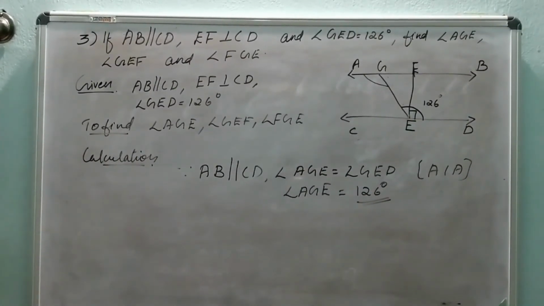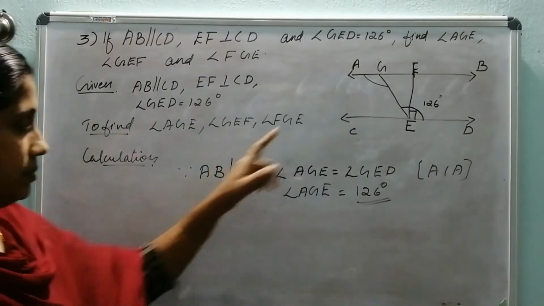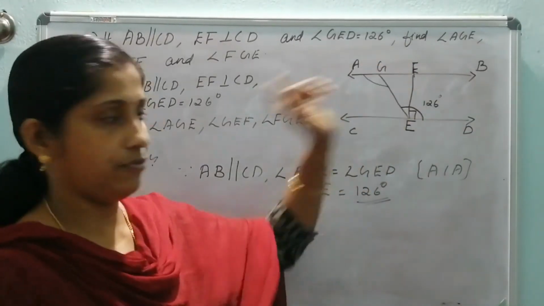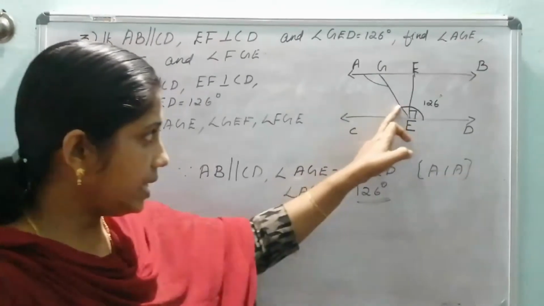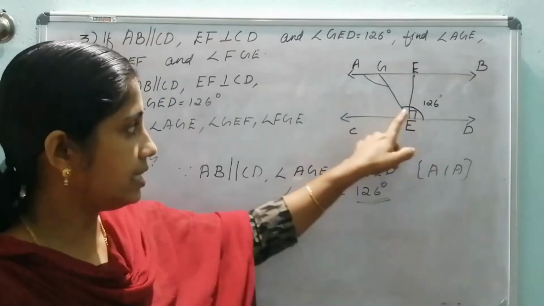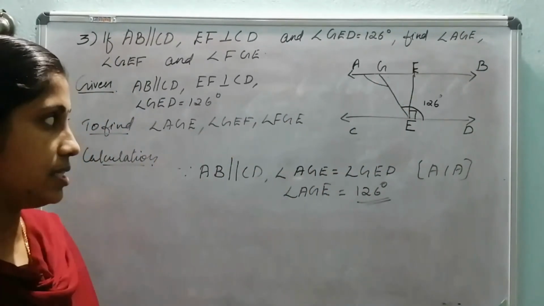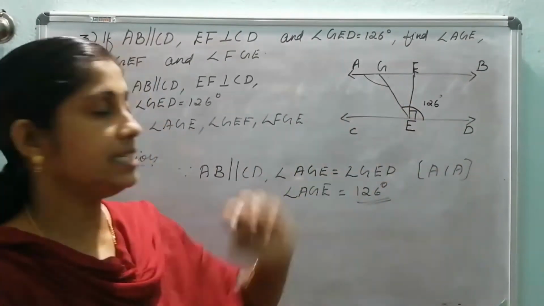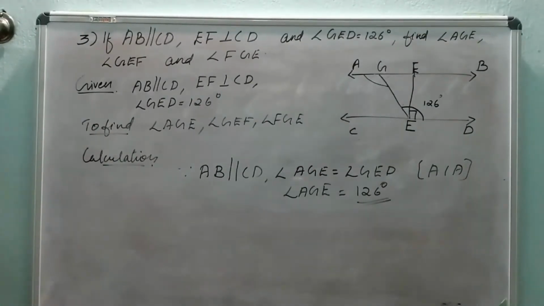Then the second part, angle GEF. This angle you have to find. This complete angle is 126 degree and this angle is 90 degree. Then we can easily find out the small portion, isn't it? 126 minus 90 will be angle GEF.